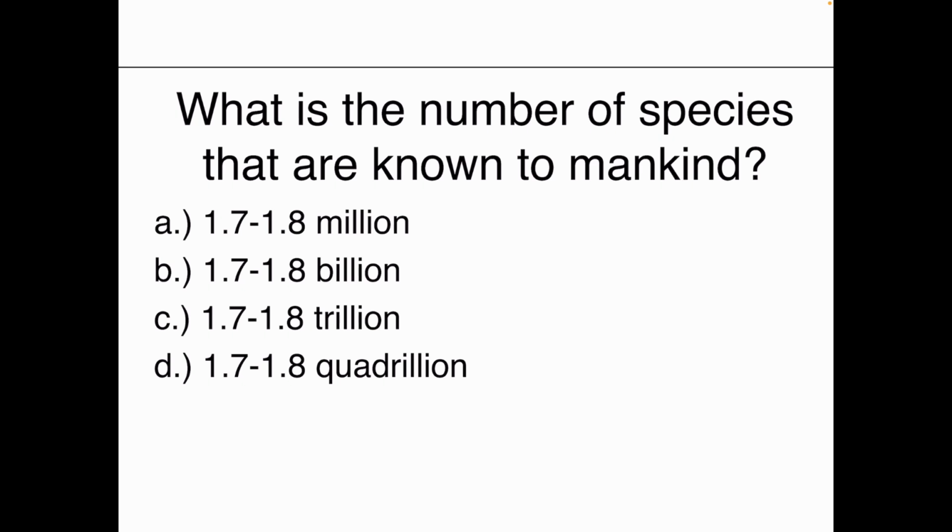Okay, moving back to our discussion for this question. If you go back to my previous lectures which I have taken on the living world, you will see that I have emphasized this point quite a lot of times, that the total number of species that have been known to mankind is 1.7 to 1.8 million.